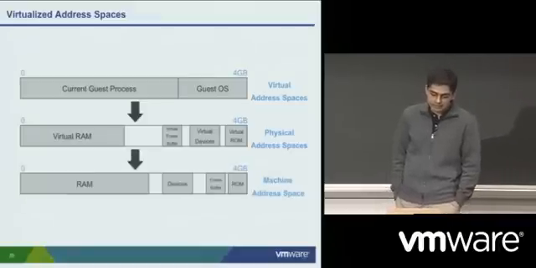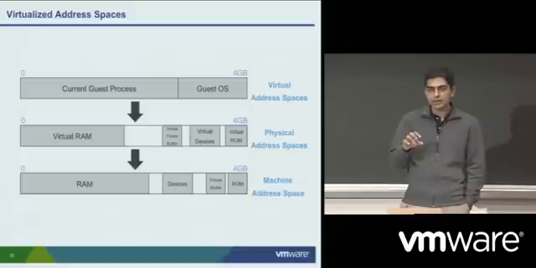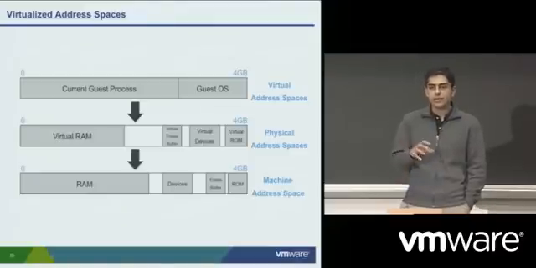And the terminology here is a little bit confusing. The virtual address and physical address are really what the guest operating system itself manages in terms of its translations. And the machine address space refers to what I call the honest-to-God physical address space on the underlying hardware.